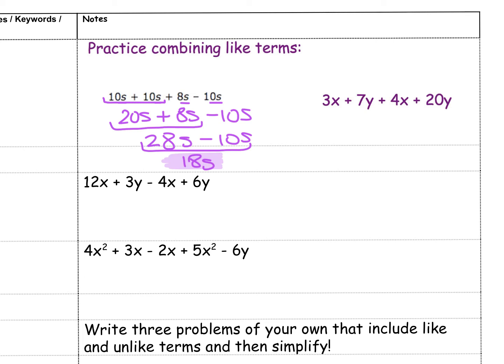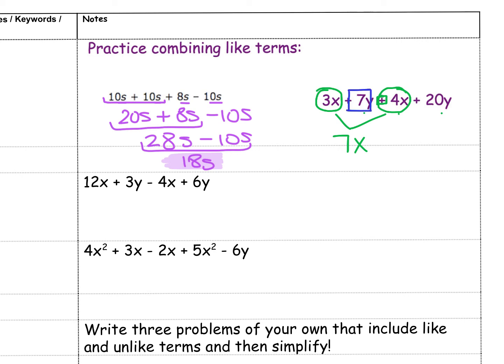Now in our next problem, 3x plus 4y plus 4x plus 7y plus 20y. Put the things with the same letters or variables together. So I have a 3x, and take the sign out of it, plus 4x. So those are the same because they both have an x, and I'm adding because of this plus sign right here. So 3x's plus 4x's, that's 7x's total. And I can also put my y's together.